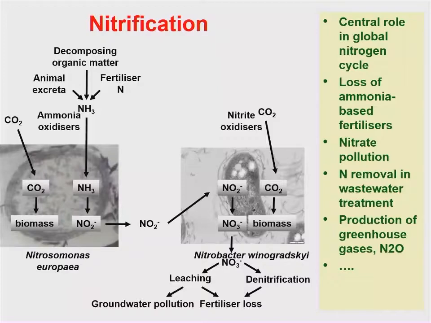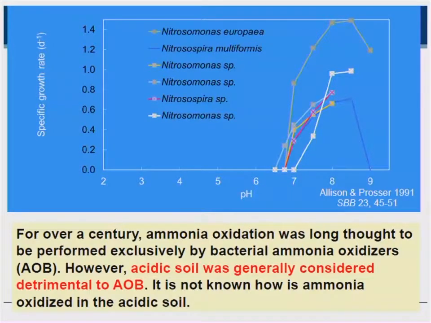So it's essential to know which microbes are playing the role and in what way they are playing the role. And then we manipulate the environment to control those processes. Traditionally, we think nitrification is carried out by bacteria we call ammonia oxidizing bacteria.